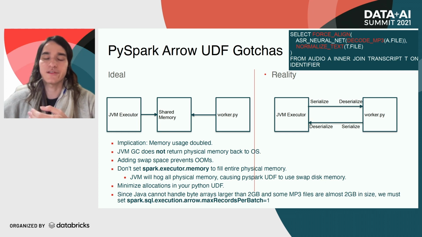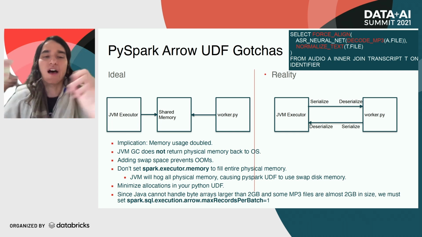Essentially, the JVM does your Spark, your Tungsten, workload, and your Python does your user-defined function. That's not what happens. In reality, you end up doing copies between the JVM and the Python process via serialization, deserialization. And there's good reasons for this. Like basically, you can't.